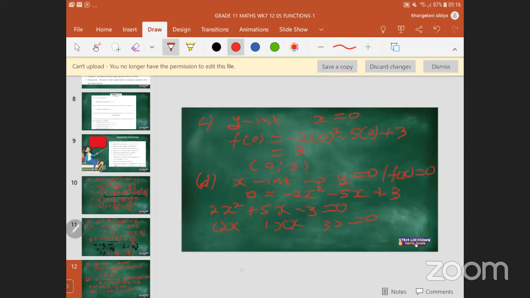The bigger product, which would be 6x, should be positive because the middle number that you can see is positive. So this one should be negative. Hence you equate each factor to 0, which means your x will be equal to 1 over 2, or your x will be equal to negative 3.